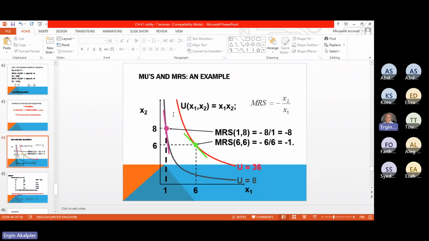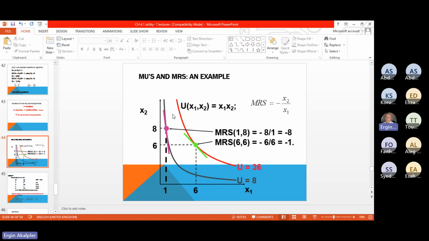Now we have marginal utilities and marginal rate of substitution. An example. Utility x1, x2 is given here. Marginal utility is supposed to be marginal rate of substitution between x2 to x1. Then it is given here, as you see, marginal rate of substitution 1 to 8 is given. 8 over 1 is minus 8.